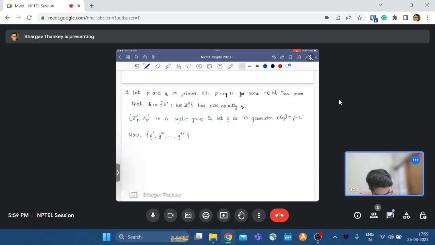So let me write like this. These are distinct. So why are these distinct? Because the order of g is P minus 1 and QR is P minus 1, right? So all of these are distinct and contained in the group G, right?